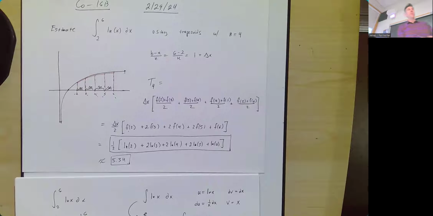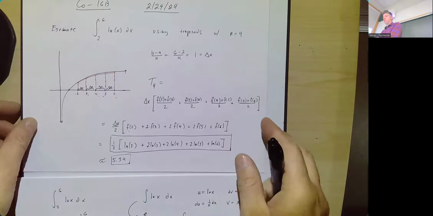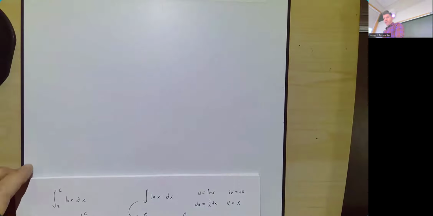All right. I feel like we should do one more example, because the purpose of this really is to estimate the value of an integral that we cannot integrate. So here is the usual question someone might ask if you're asked to use the trapezoid method.